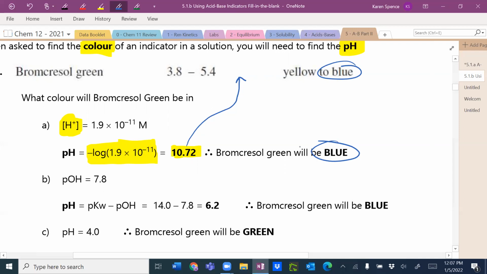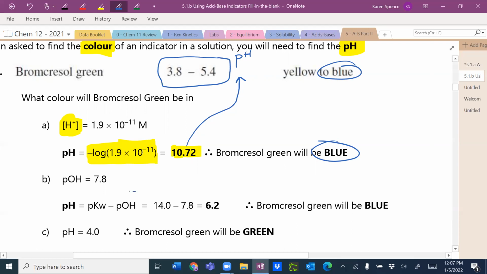If we are told that the pOH is 7.8, well, again, these values right here are pHs. We can't work with pOH, so we need to change pOH into pH.